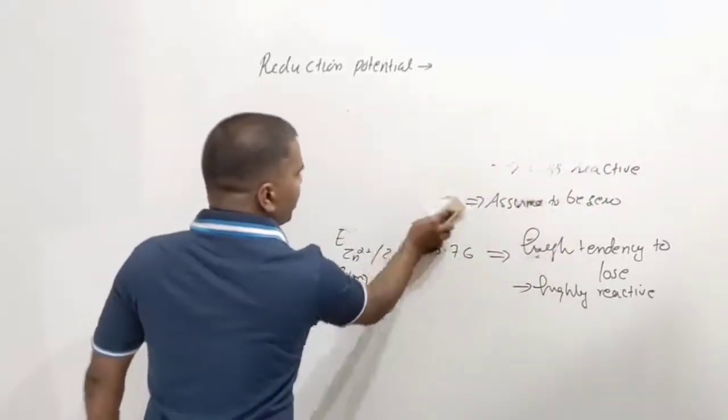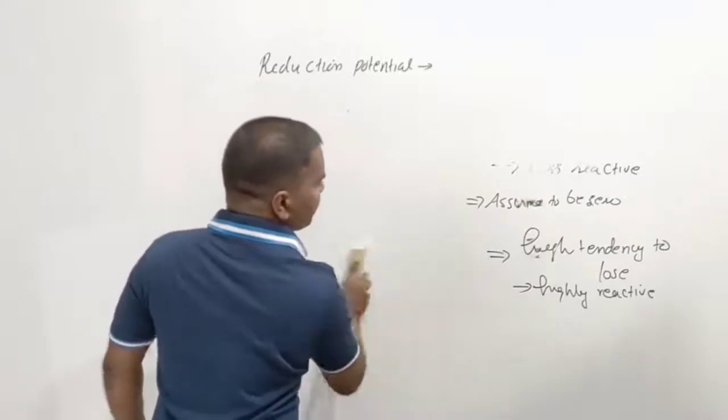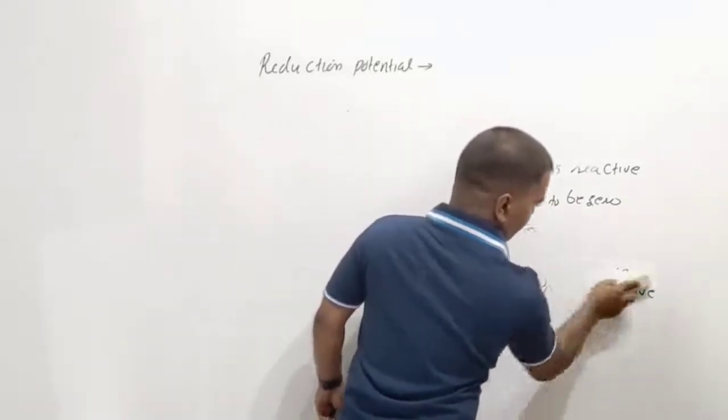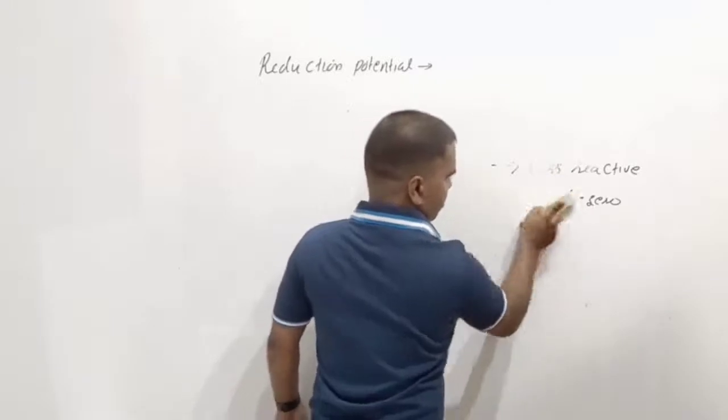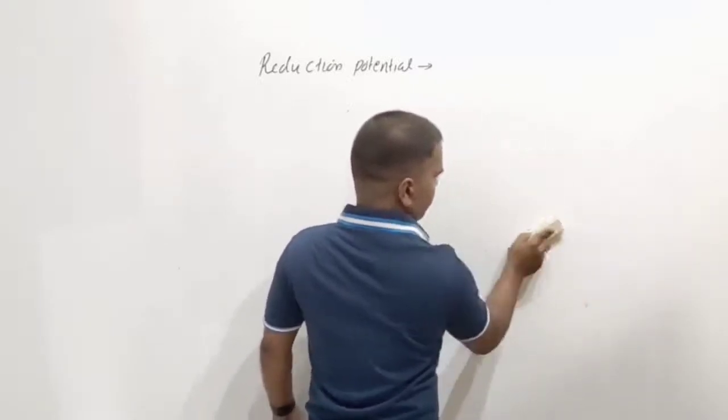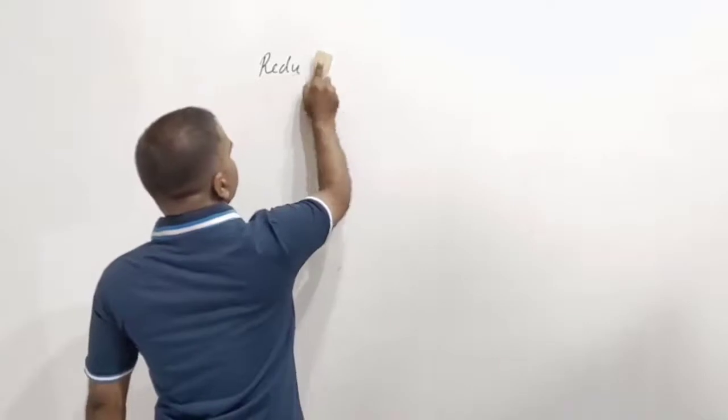Then what is meant by the electrochemical series or reactivity series? The arrangement of different metals in the decreasing order of reactivity is known as the electrochemical series.